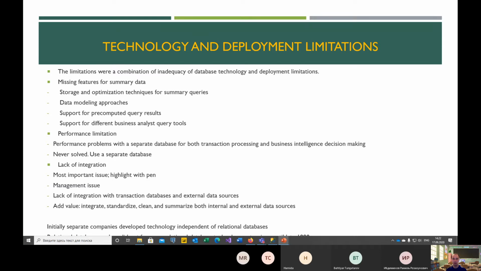We can have some limitations in business analyst query tools, which are very important to get the data from different categories of data sources. There can also be performance limitations.